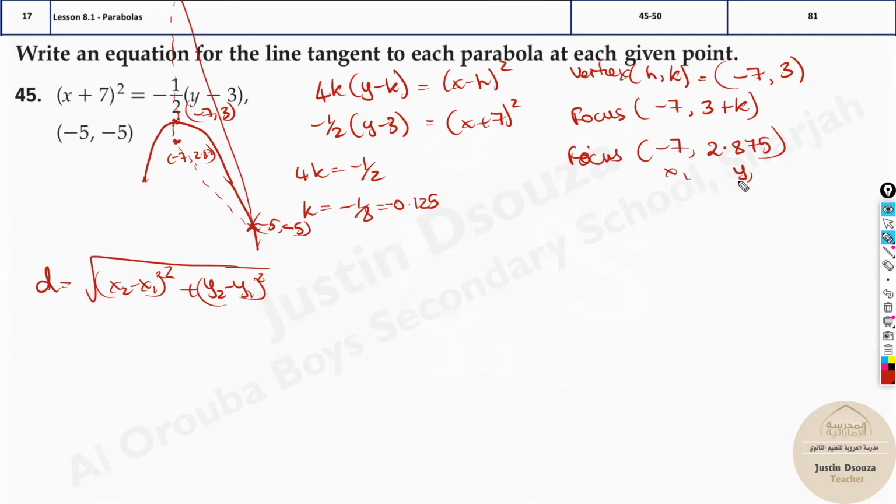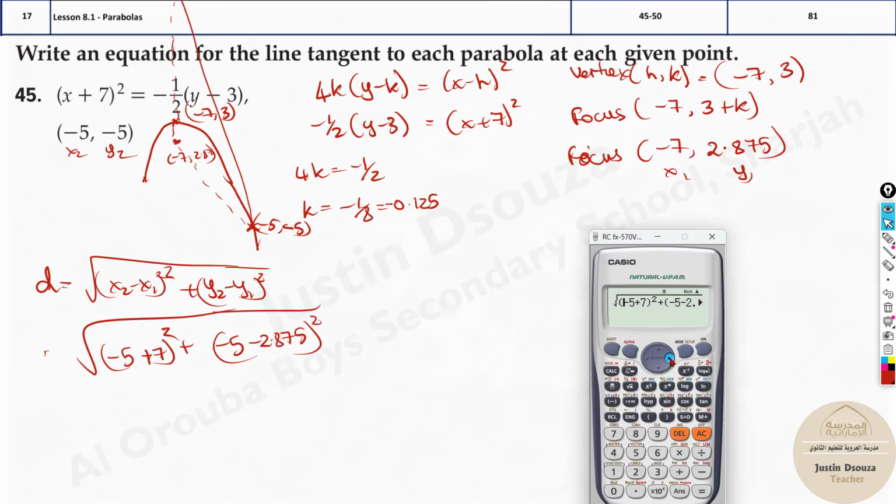We'll take this as x1, y1, the given one as x2, y2. It's up to you, it's fine to take any values. Here it is minus 5 minus of minus 7, which will be plus 7. Plus, what is this over here? Minus 5 minus 2.875 the whole square. Now use the calculator and we will solve this.